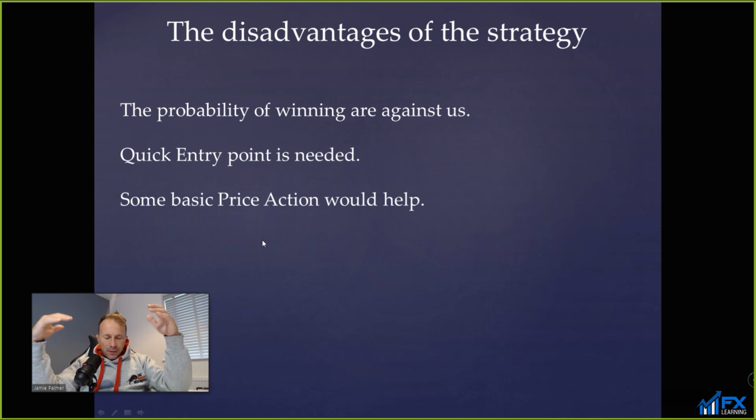If you have a strategy, just bear with me here and listen to what I'm saying. If you have a strategy that delivers a 90% win ratio, so perhaps you watch a video and some guy says, oh, I've got a 95% win ratio. We'll just keep it simple, 90%. That means that if I take 100 trades, I'm going to win 90 of them and lose 10 of them, correct?